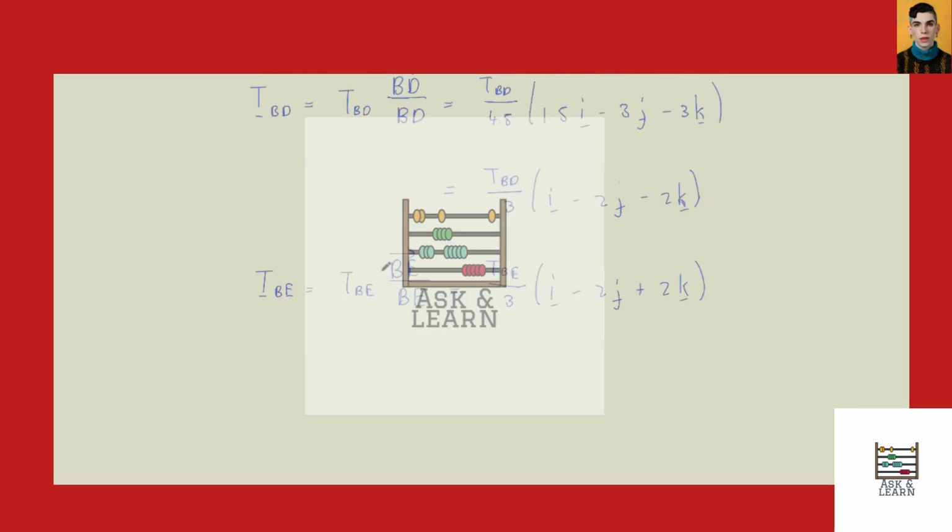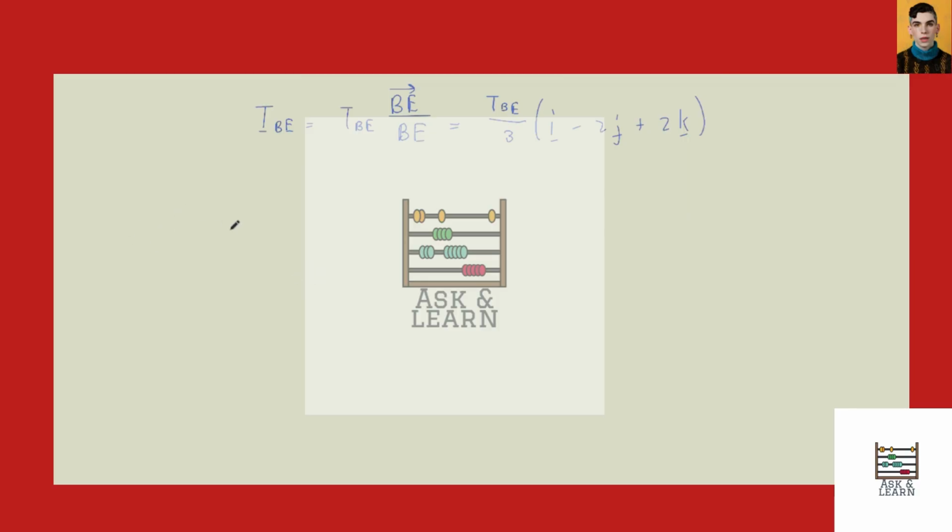Now, with all our information, we can finally take the sum of the moments about A. And we know the sum of the moments about point A must equal to 0.